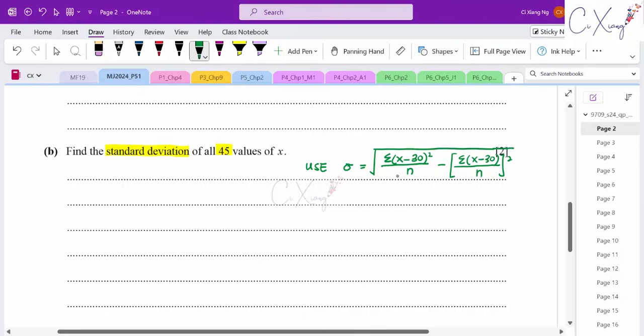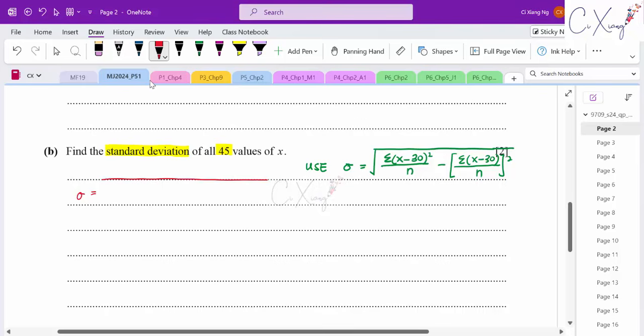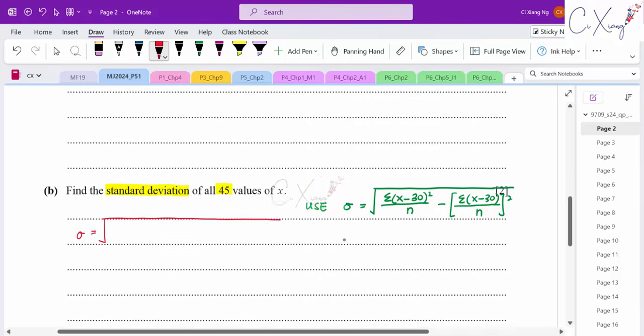And again, because we have two sets of data now, when you apply this formula, you have to include the values for both data sets to get the answer. As an example, in my question here, I need to include summation of (x minus 30) squared for both sets.